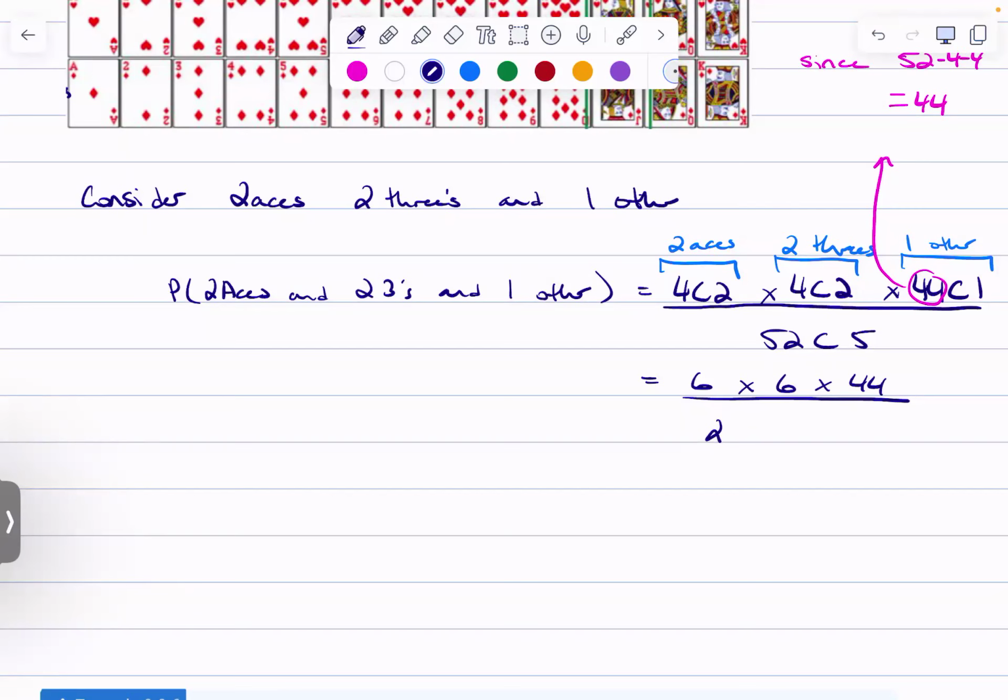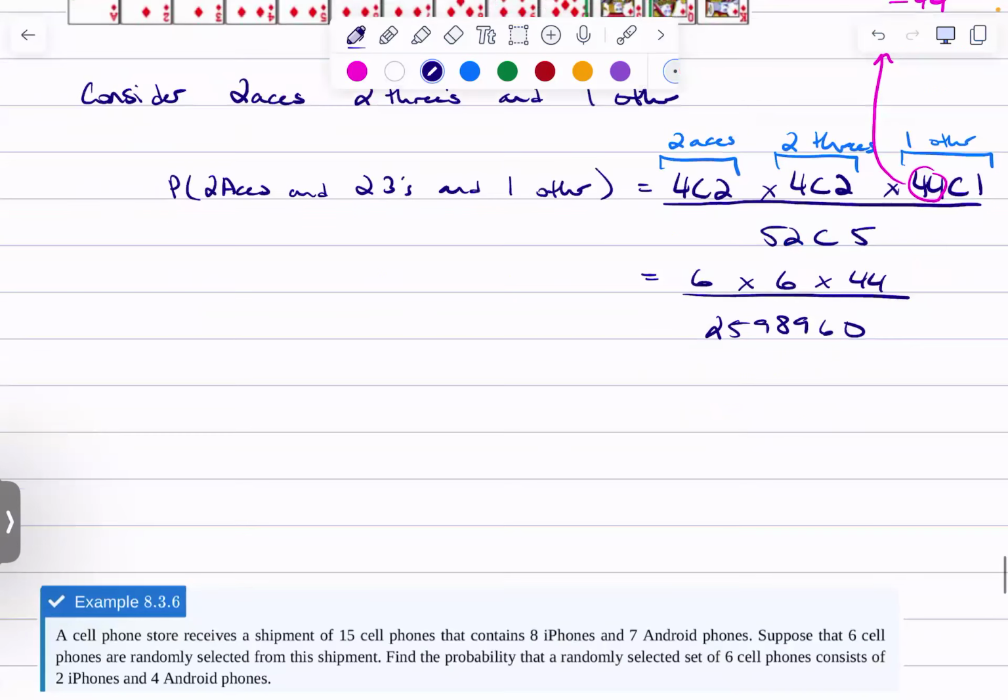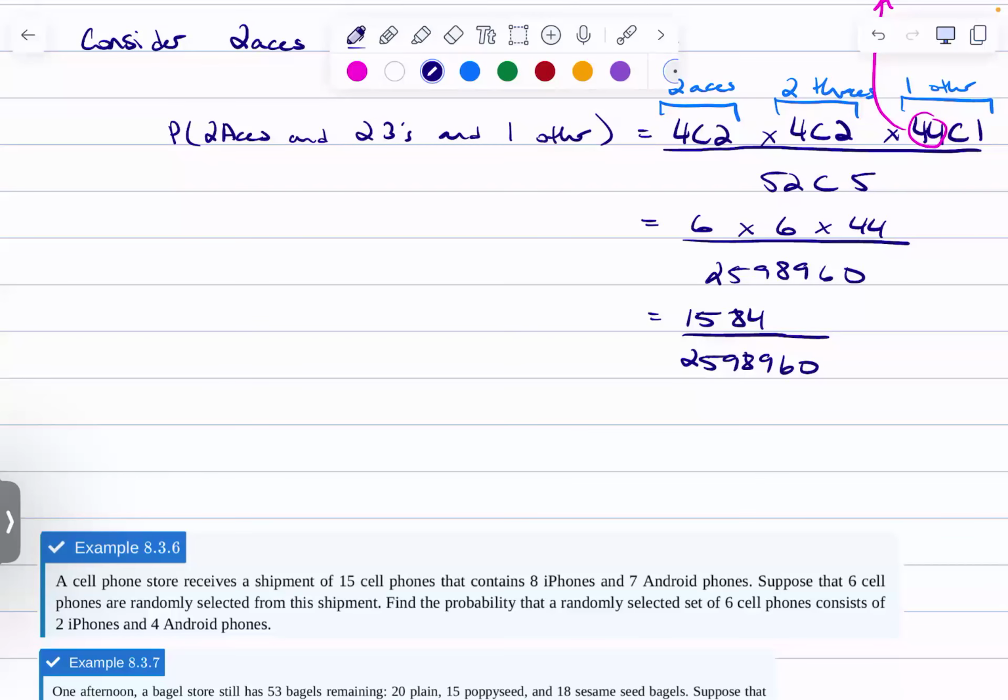How many ways can you draw a 5 card hand? 2,598,960. 6 times 6 times 44 is 1,584 over 2,598,960. Very small. I get 0.0060947455591.